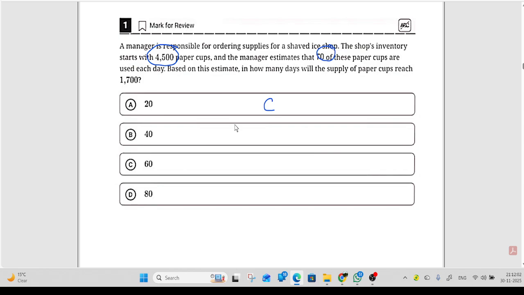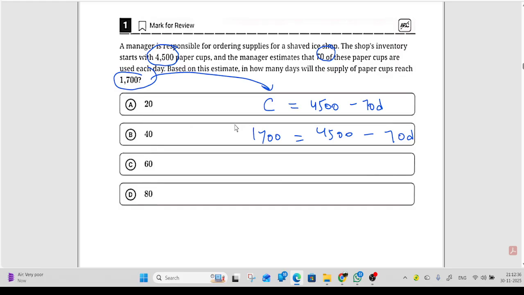So the equation is going to be number of cups is the initial number of cups minus 70 times D. D is the number of days, right? So to find the number of days until the supply reaches 1700 cups, we put this in place of C. So 1700 is equal to, everything will remain the same.